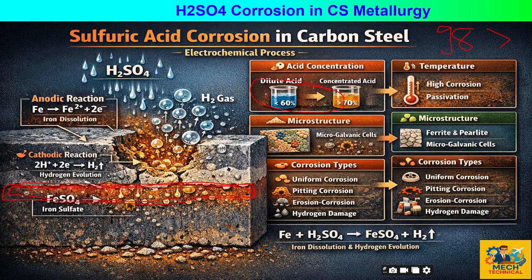But if it is a diluted acid, or there is an increase in temperature, then there will be chances of aggravated corrosion. So iron dissolution and hydrogen evolution will happen if this iron sulfate layer is not stable.